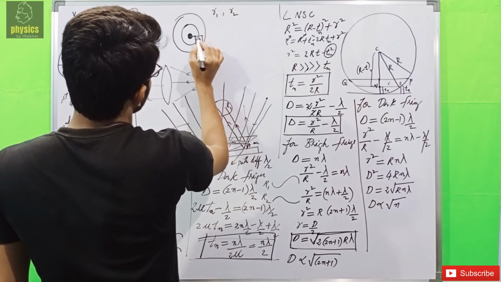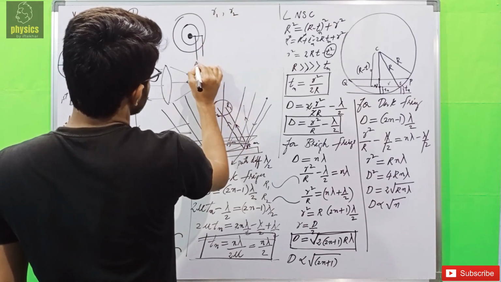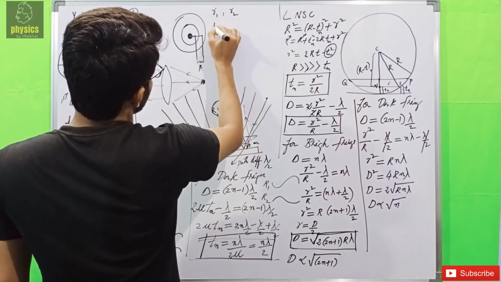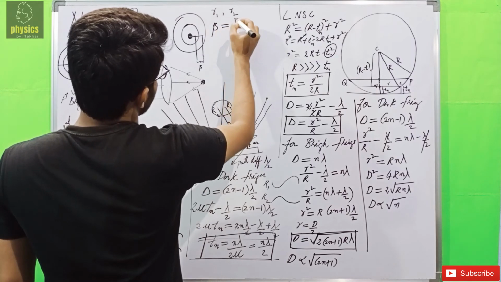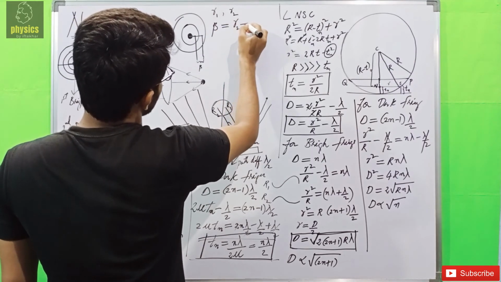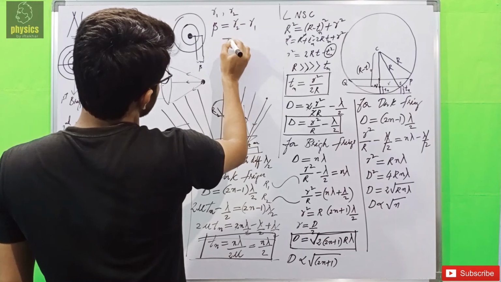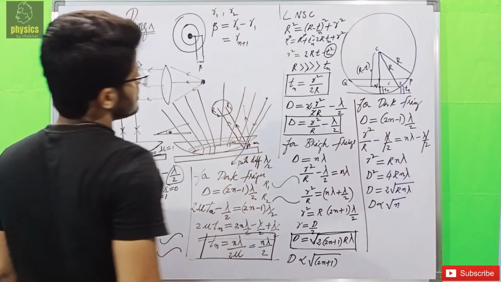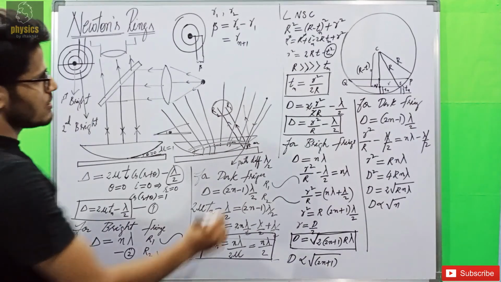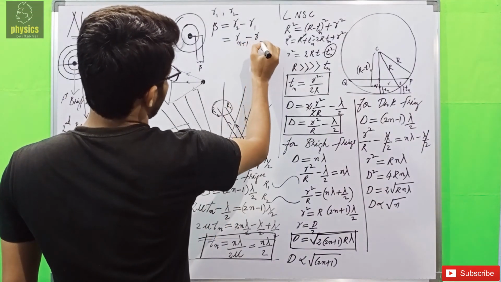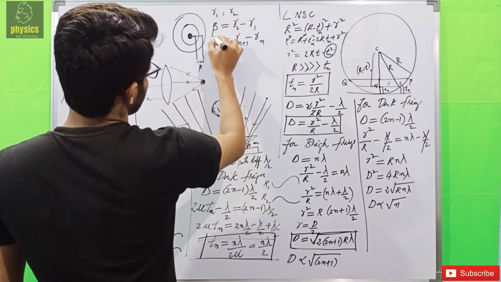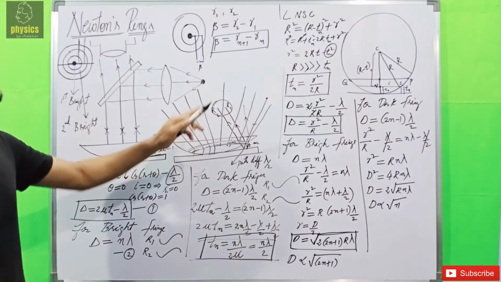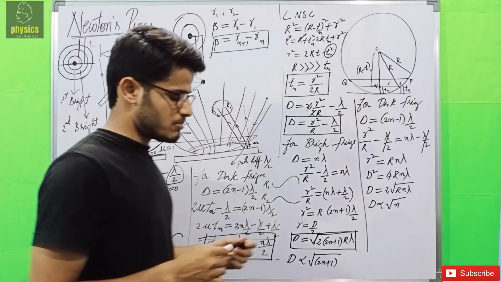So this is the fringe width beta. To find the fringe width beta, I have to subtract r1 from r2, or the general equation will be r sub n plus 1 minus r sub n, which will give you the expression for the fringe width beta.